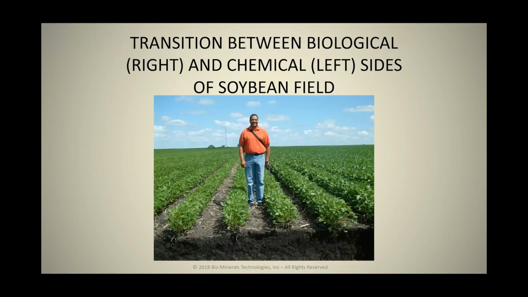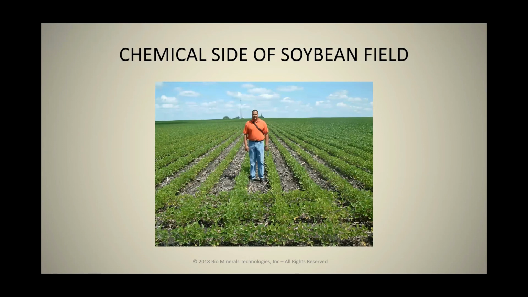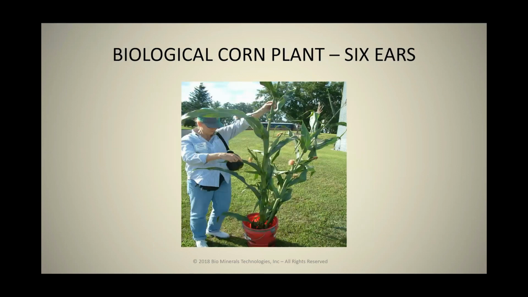He stands here in the transition zone between the biological side and the chemical side. And this is the fertilizer side of the field. Planted the same time, all the pictures were taken the same day. You can see the plant response. This is a biological corn plant with 6 ears.